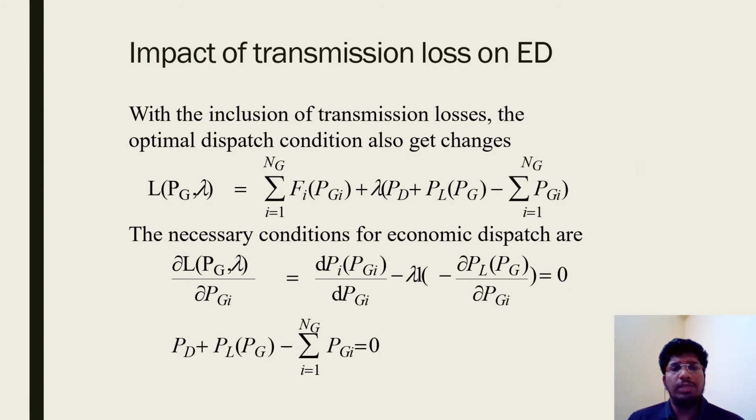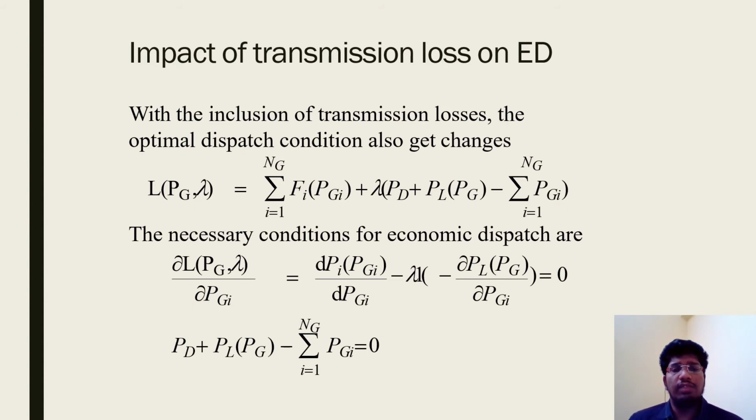Impact of transmission losses on ED. With the inclusion of transmission losses, the optimal dispatch condition also changes. L(P_G, lambda) equal to sigma i equal to 1 to Ng of F_i(P_gi) plus lambda times (P_D plus P_L(P_G) minus sigma i equal to 1 to Ng of P_gi).